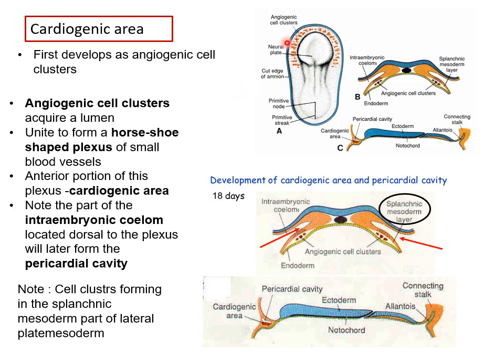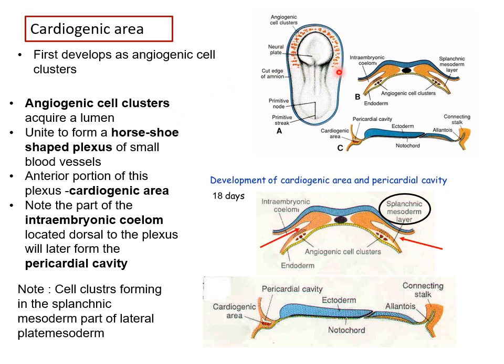So in this cardiogenic area, remember it's intraembryonic mesoderm. First they develop cell clusters, as you can see in the red stained area, and they are known as angiogenic cell clusters. These cells or clusters get together and acquire a lumen, and they form a horseshoe shaped plexus of small blood vessels initially.